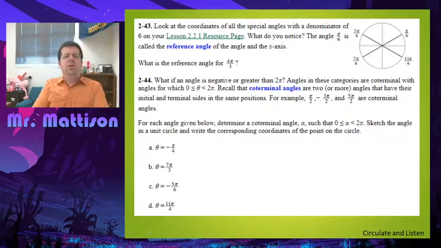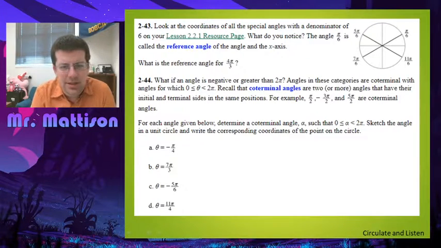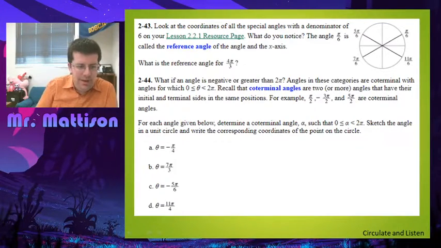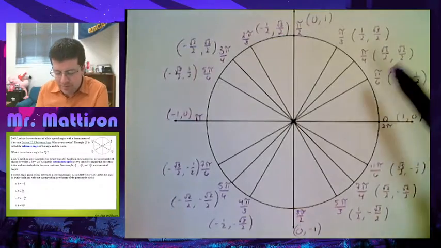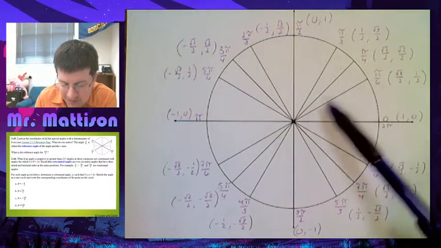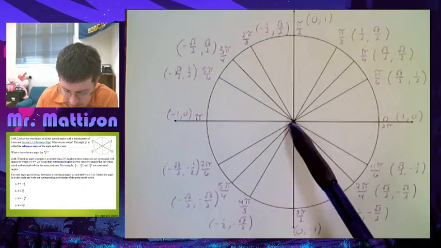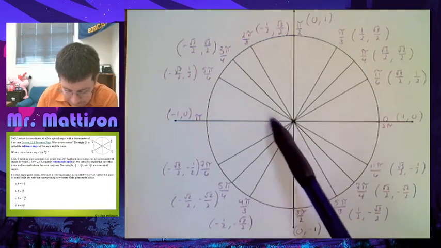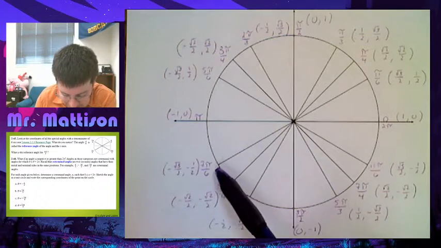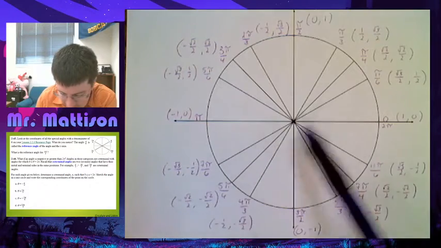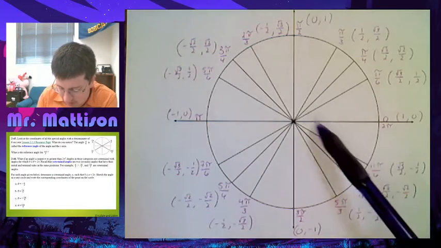Okay, so hopefully we see some things that are called reference angles here, and we already kind of found those patterns. So if I hop back over to this, pi over 6 is my reference angle for this one here, this 5 pi over 6, and 7 pi over 6, and 11 pi over 6.